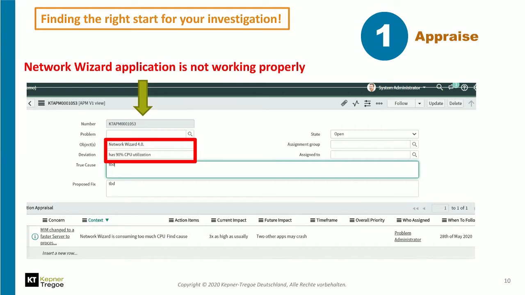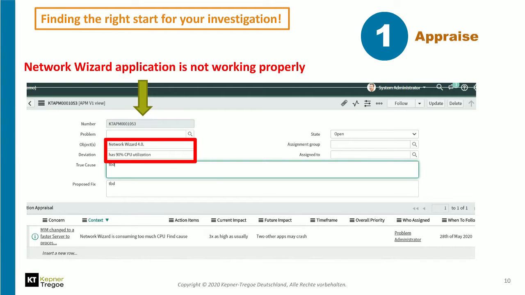The first part of the PATH and ServiceNow module is about helping you reduce the risk of this happening.